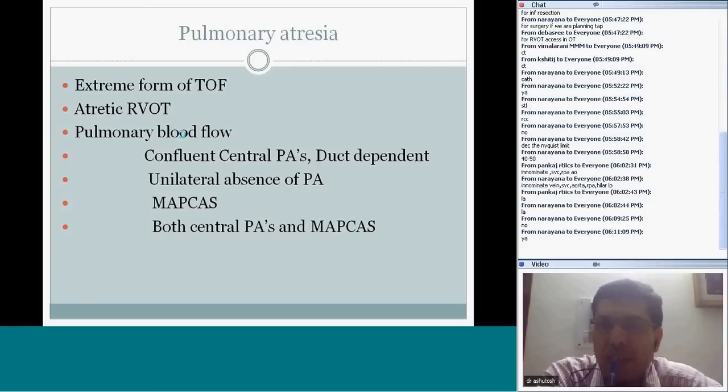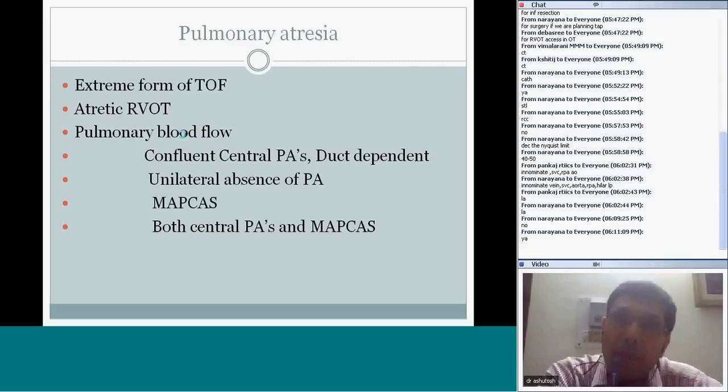Those with very restrictive pulmonary blood flow will have severe cyanosis, and present to us in very early infancy with cyanosis and require the shunt. Those with collateral flow may be well balanced, have continuous flow almost bilaterally, may not be very symptomatic in early childhood, but as they grow older, the collaterals tend to fibrose and thrombose and disappear.